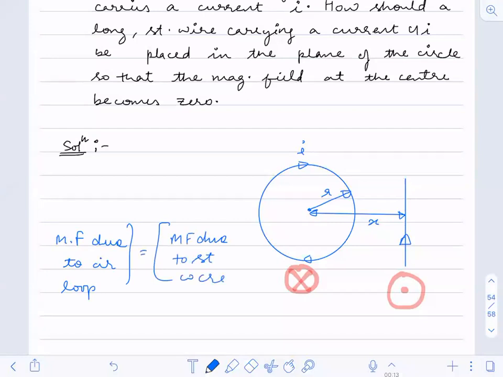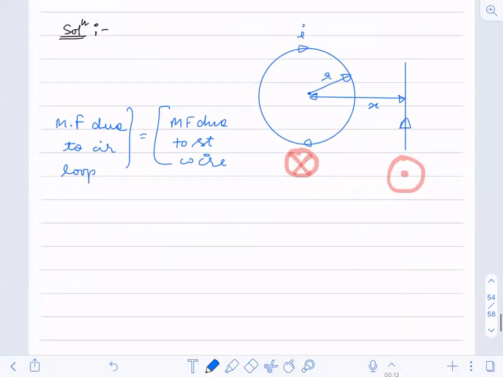Can I say it like this? This will be the only case, then only they will cancel each other.